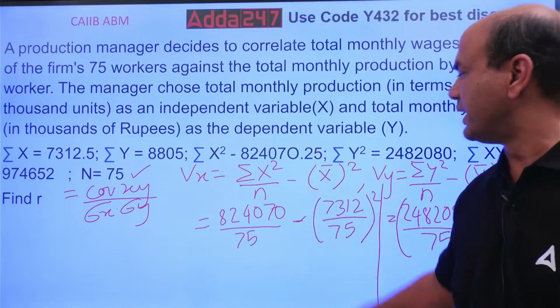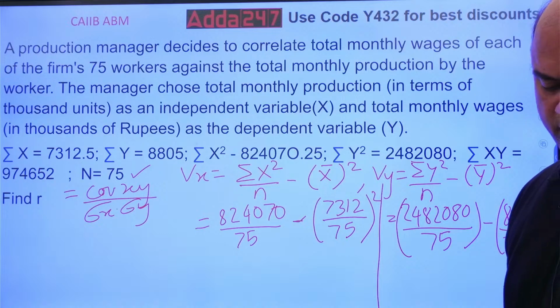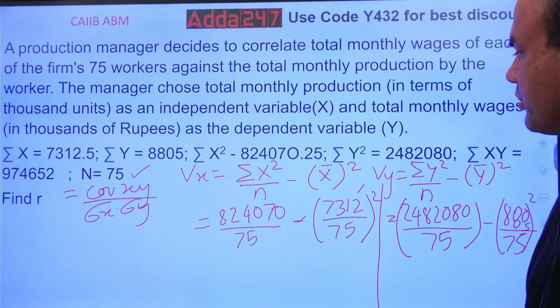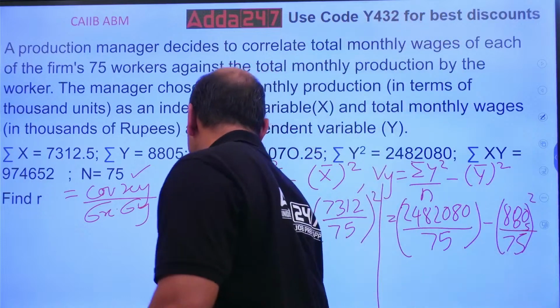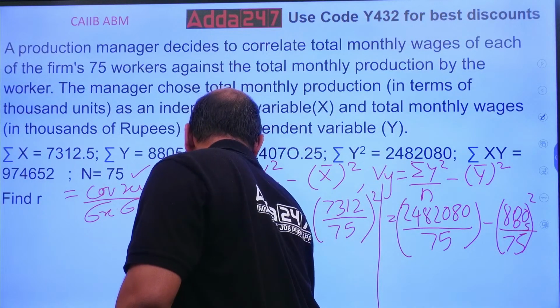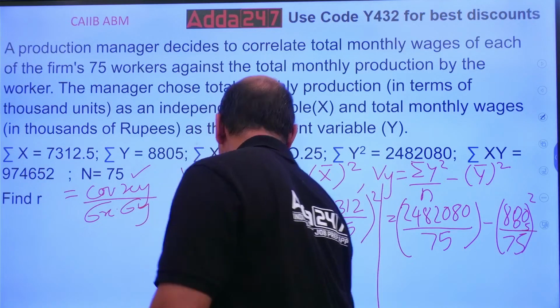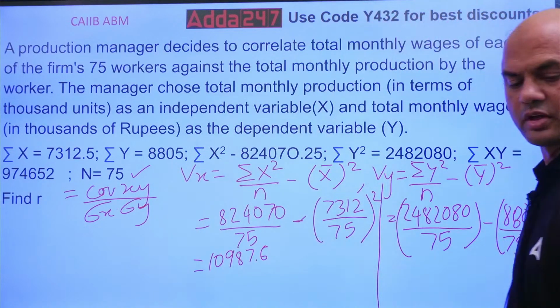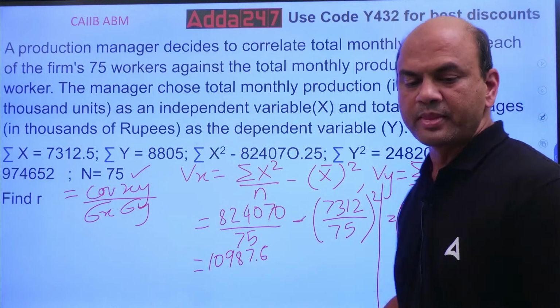What is the first one? 824070 divided by 75. So that is 10987.6. Correct.